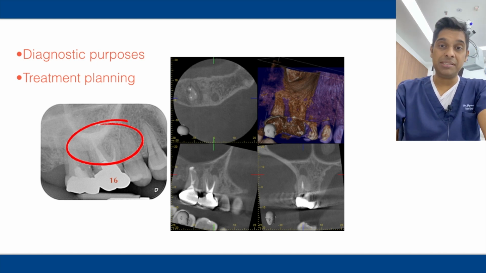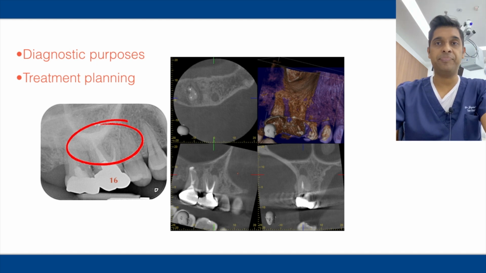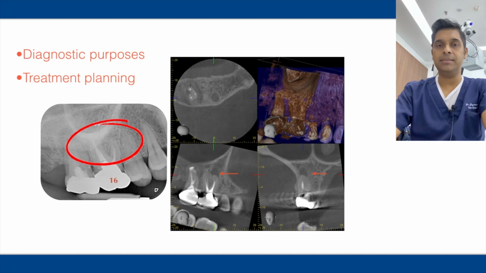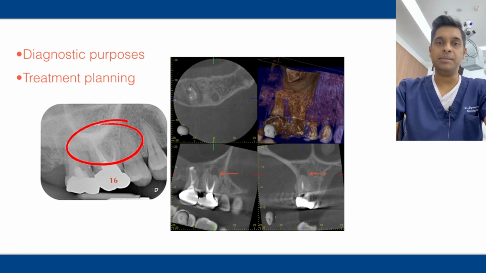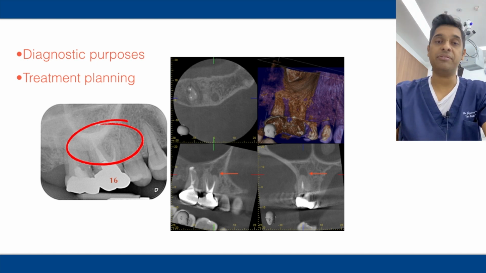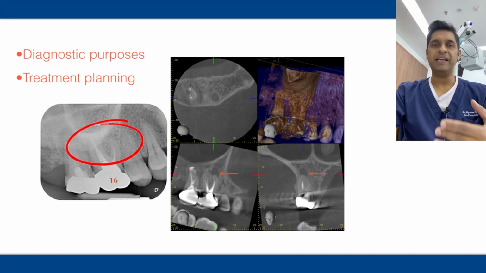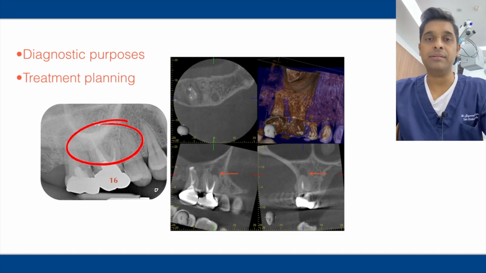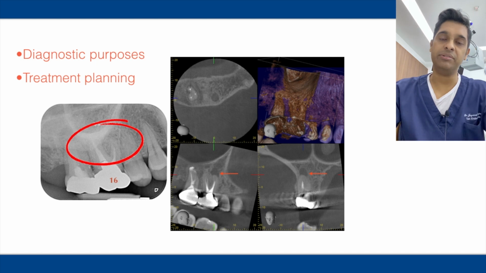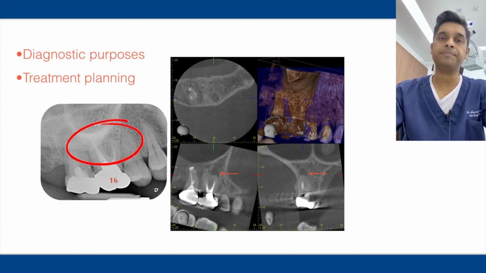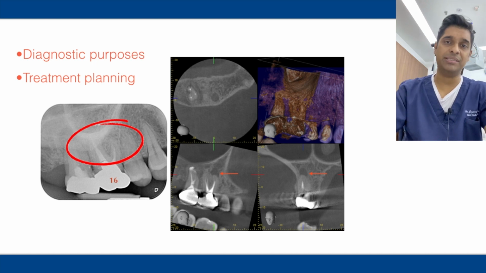When I get a CBCT done, look at that, it shows a lesion. This is not very clear in my periapical X-ray. The CBCT has helped me identify the infection. It's easy for me to put this forward to my patient and convince them that they need a retreatment, and it's evidence you can put forward to your patient and they do understand.